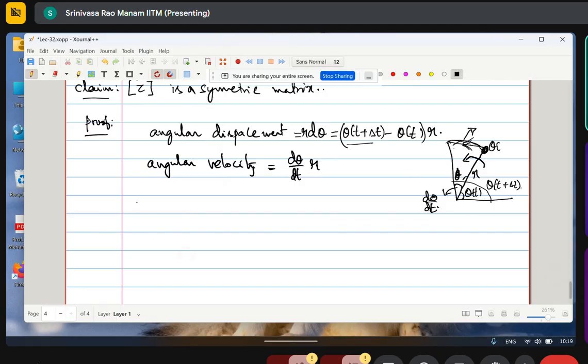Now there is a principle F equal to ma that you have. This is your Newton's second law. What is the force here? Force in the usual way is force equal to mass into acceleration. So the equivalent thing in the angular case is that force is basically called torque.